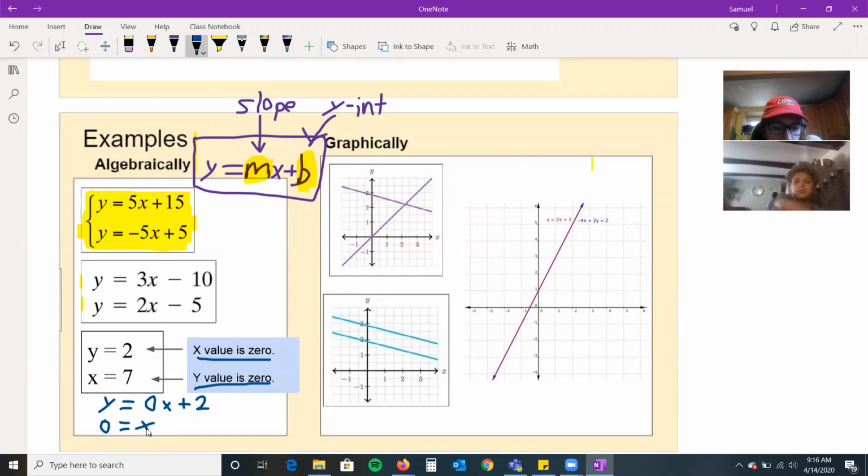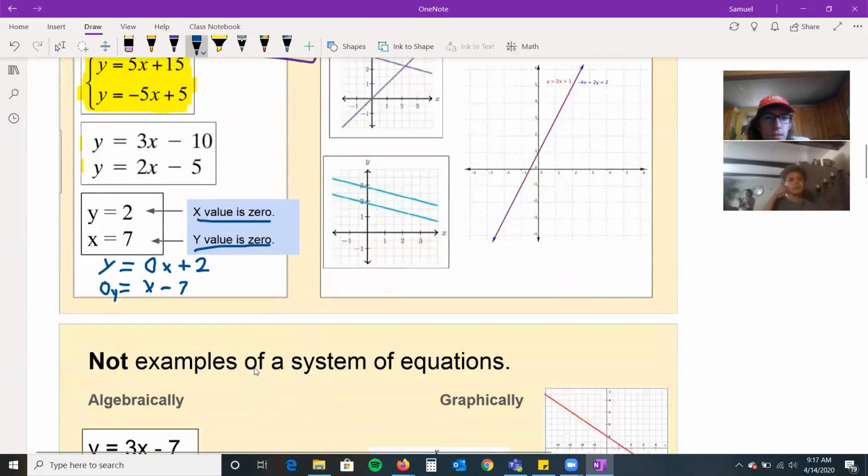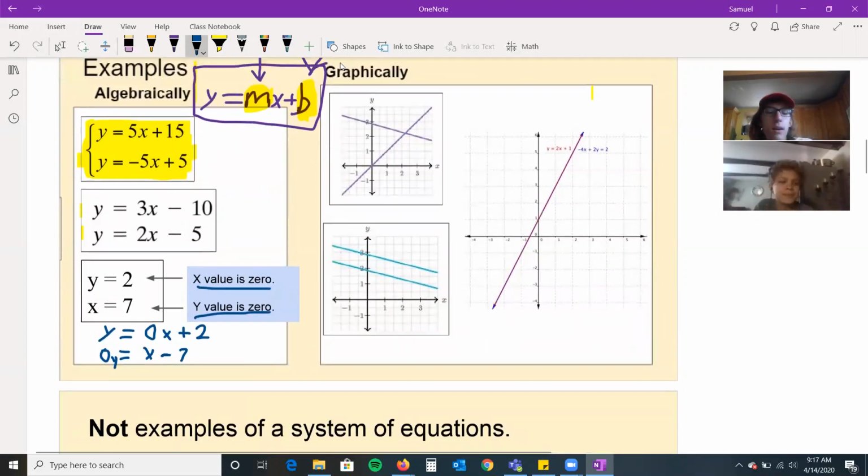Oops. Fix that. Okay, so hopefully you can see now, both of these are linear equations. One has a 0 value for x and one has a 0 value for y.